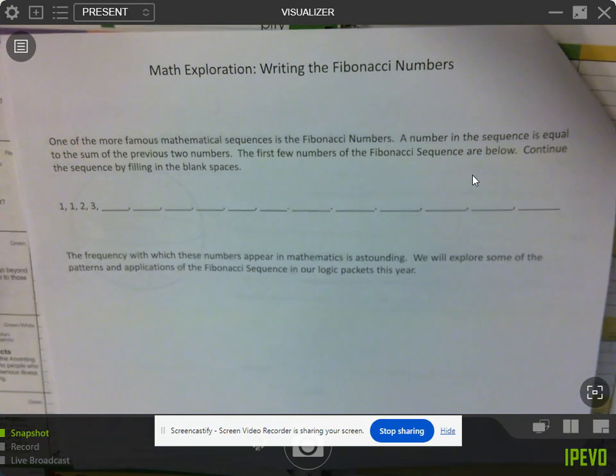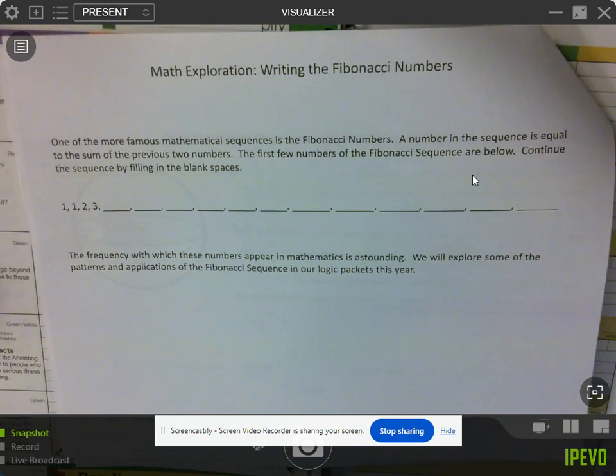So one of the more famous mathematical sequences is the Fibonacci numbers. A number in the sequence is equal to the sum of the previous two numbers. What does sum mean? What operation, Dominic? Add them. So you have to add the two numbers before, and you get the next number.